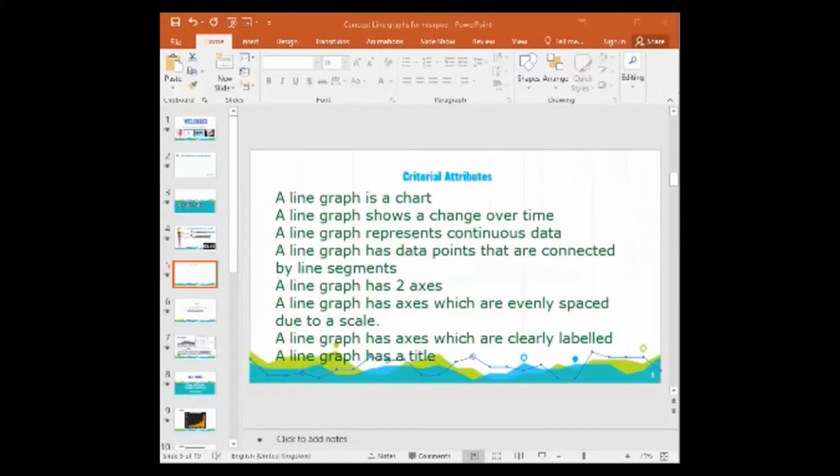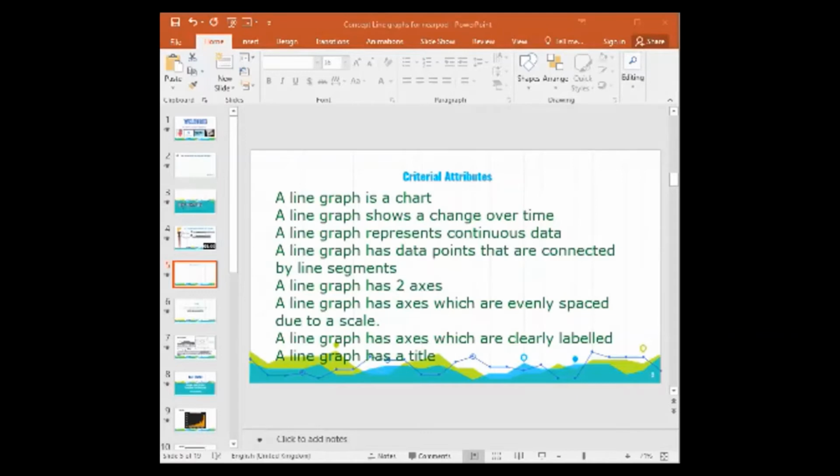A line graph shows a change over time or patterns. A line graph represents continuous data. A line graph has data points, some of you call them dots, it's the same thing, that are connected by line segments. A line graph has two axes. A line graph has axes which are evenly spaced due to a scale. A line graph has axes which are clearly labeled, and it has a title.